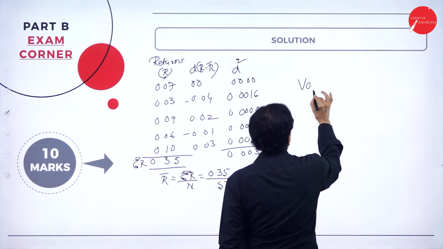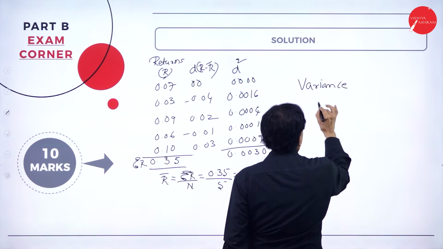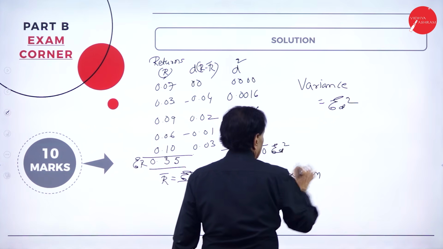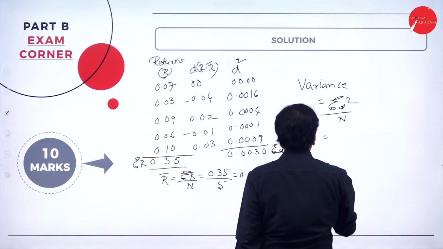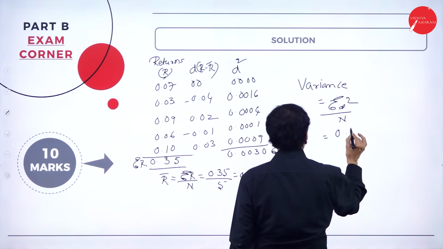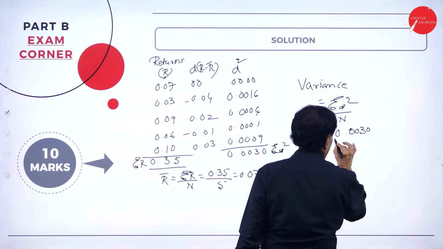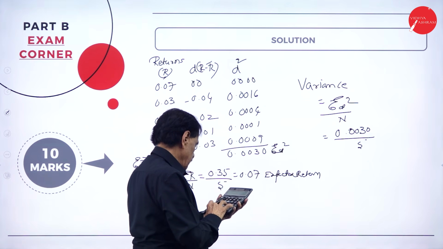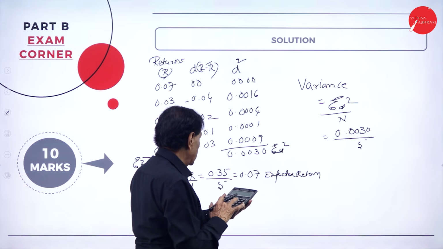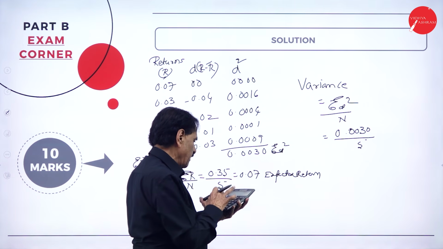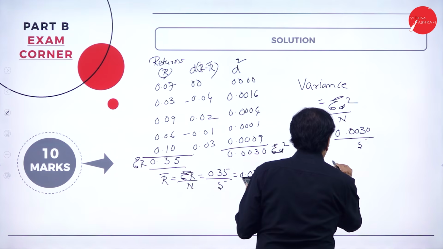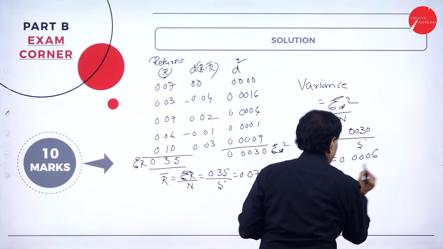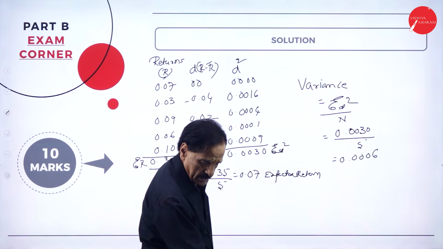Then variance is equal to sigma d square divided by n. What is sigma d square? 0.0030 divided by 5. This is 0.0006.